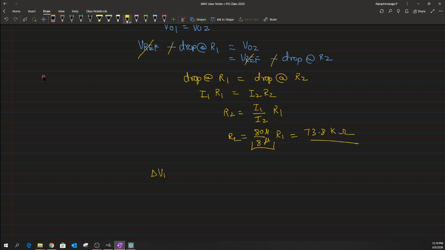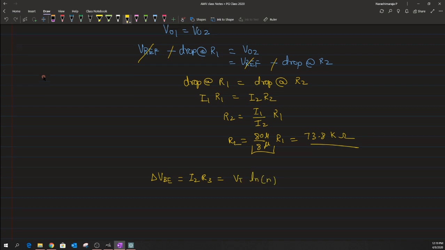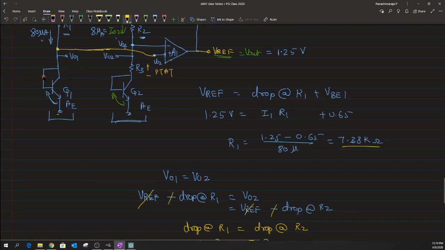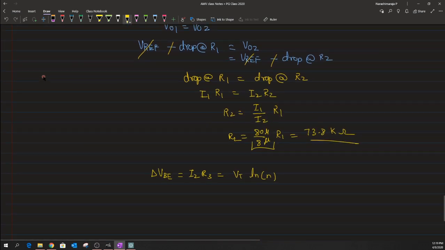That is, the delta VBE, which represents the drop across the R3 resistor, is supposed to be equal to Vt into ln of n. Just because the current flow through both the structures of Q1 and Q2 are different, and they have a ratio of 10, the value of n that I have here is equal to 10.